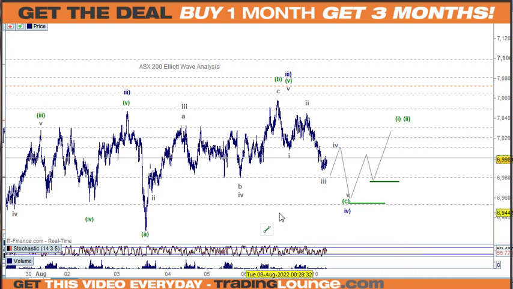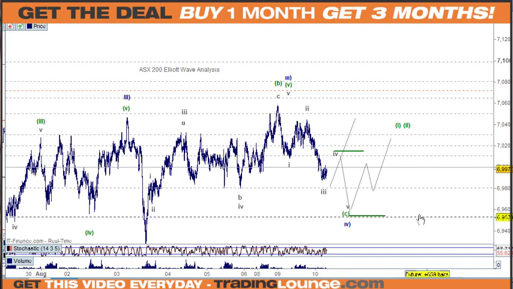So if this is going to move up through here, then you need to move in above that. And if it does come down in 5 waves here, then we definitely need to see an impulse wave up there first, wouldn't we?